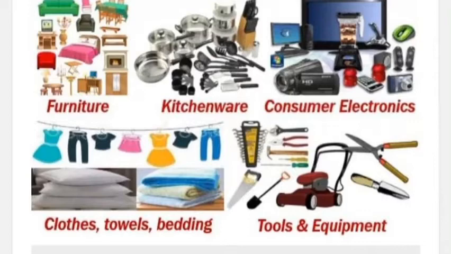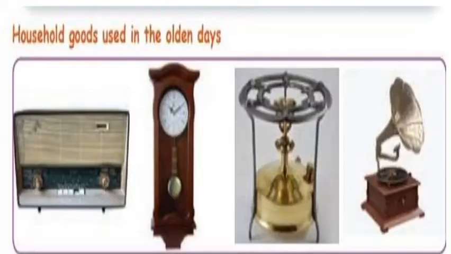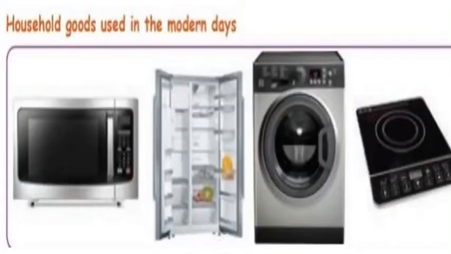Then kitchenwares such as pressure cooker, refrigerator, mixer grinder, stove, cutlery, oven, utensils, etc. Then clothes, towels, beddings, tools and equipments, and electronic goods such as DVD players, computer, television, air conditioner, washing machine, etc. These are the household goods used in the olden days, and these are the household goods that are used nowadays.